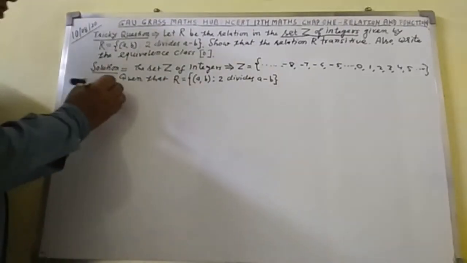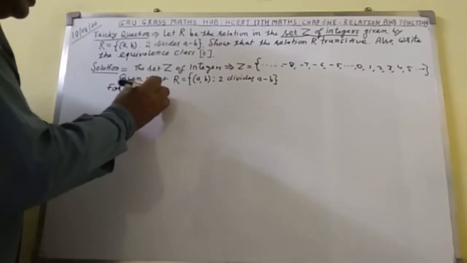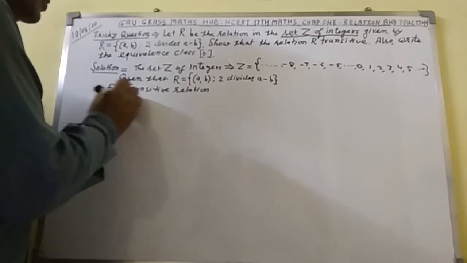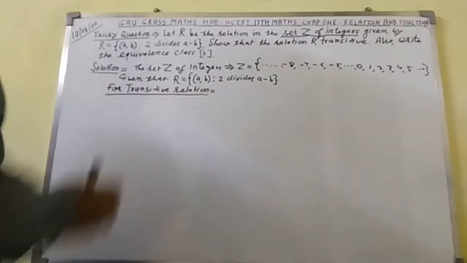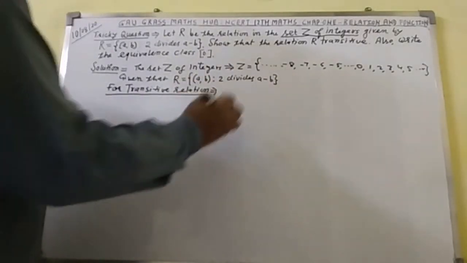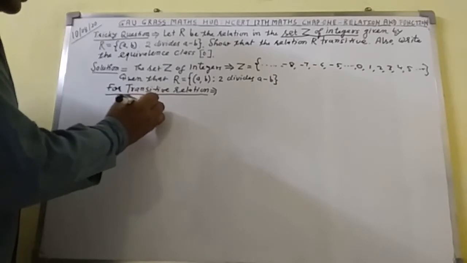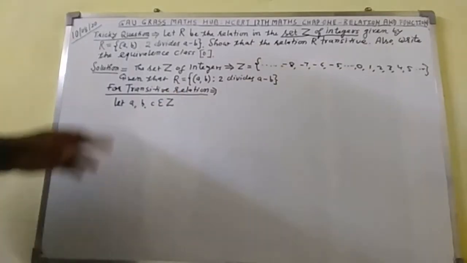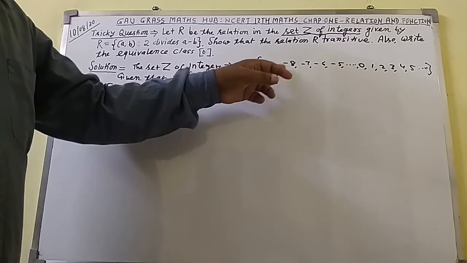So here I shall write, for a transitive relation, let small a, comma small b, comma small c belong to capital Z. Means a, b, c belong to capital Z. So the values of a, b, c can be any of these numbers.